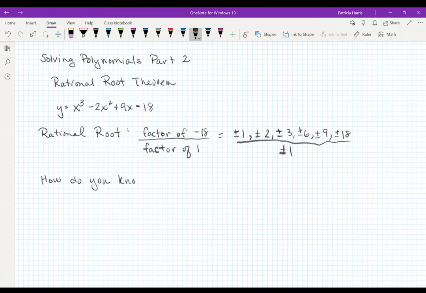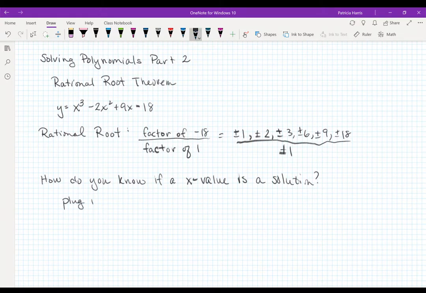Now, how do you know if they're going to work? Well, remember, when we do this, we are looking for values of x that give us y equals 0.